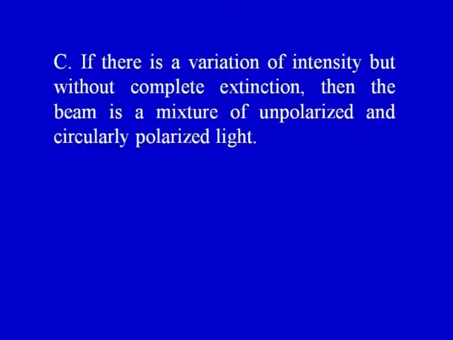A third possibility, C, is if there is a variation of intensity, but without complete extinction. Naturally, in this case the incident beam is a mixture of unpolarized and circularly polarized. Passage through the quarter wave plate does nothing to the unpolarized part of the mixture. Circularly polarized light becomes plane polarized.